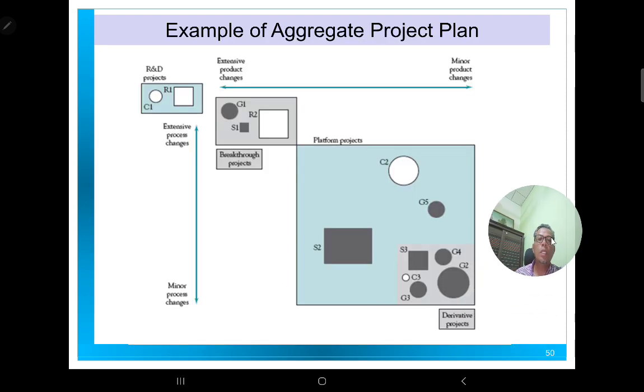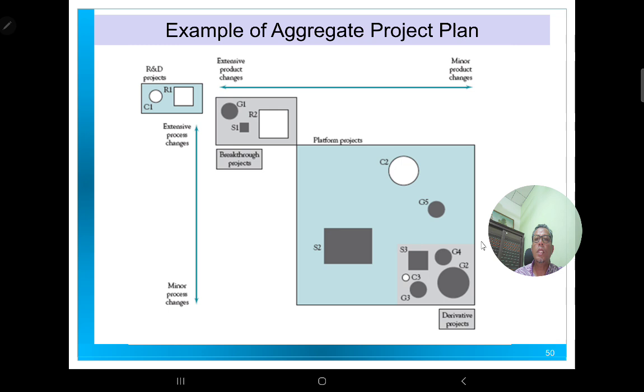So here is an example of how the aggregate project plan is implemented. In an R&D project, it will involve a number of resources and a number of funding. Here you have the R&D project, here you have the breakthrough project, and here you have a derivative project.